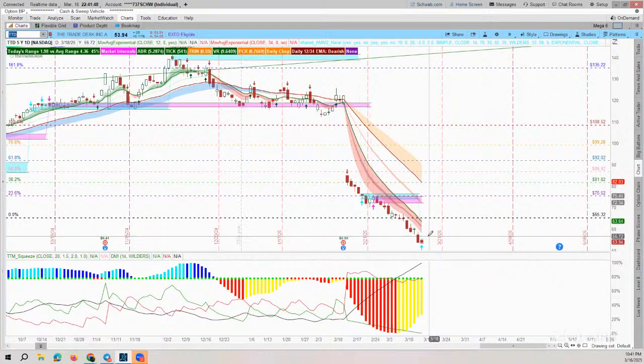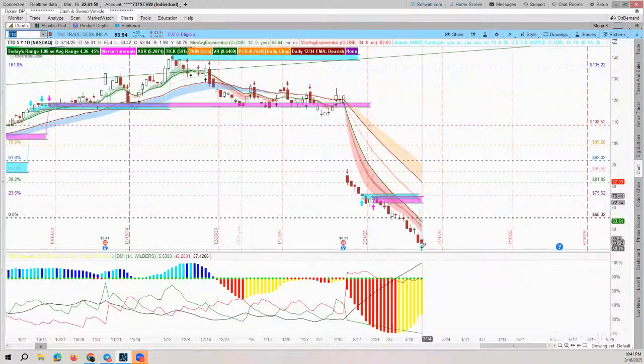If you want to hold it, it's fine. If you want to average around 50, that's fine. But any day it has a close below 50, you should get out. 50 is real bad for TTD. And TTD and Meta, they made money from advertisements. So Meta, I think, will go down. TTD will follow the channel.